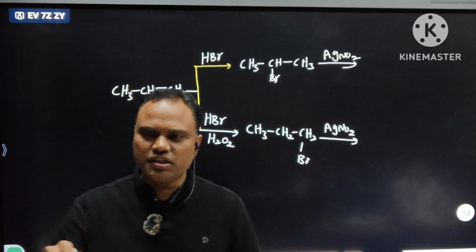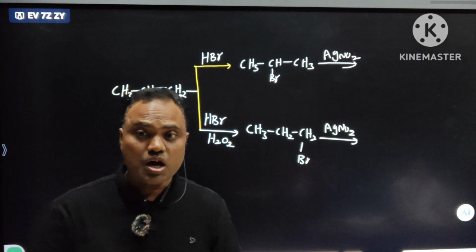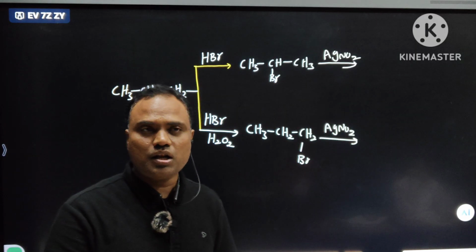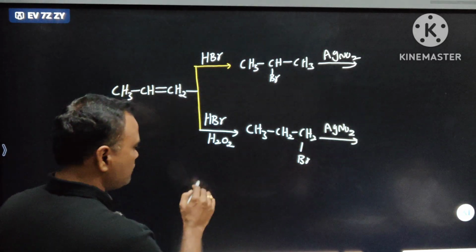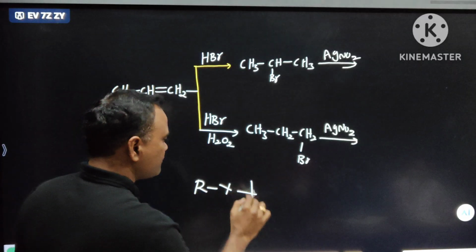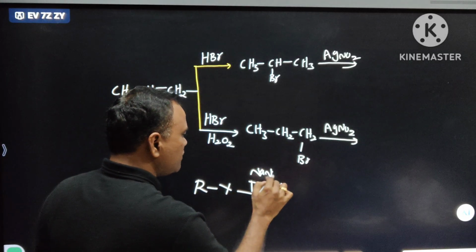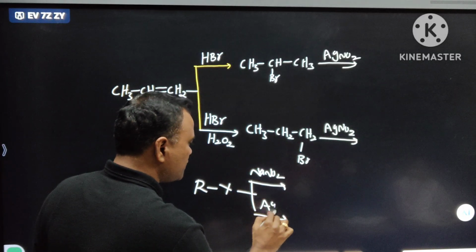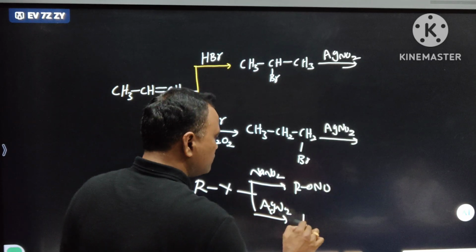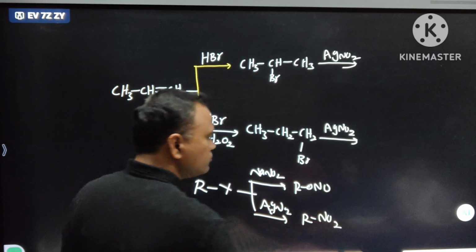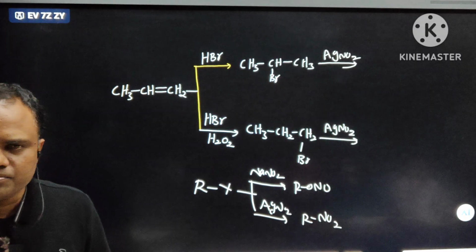RX plus NaNO2 gives RONO, alkyl nitrite. RX plus AgNO2, alkyl halide chemical property, gives RNO2. Got it?